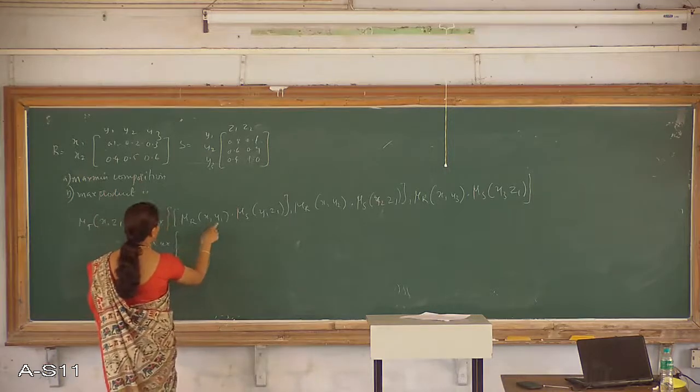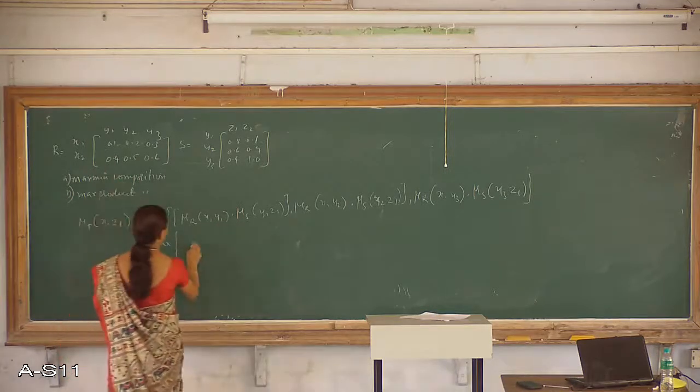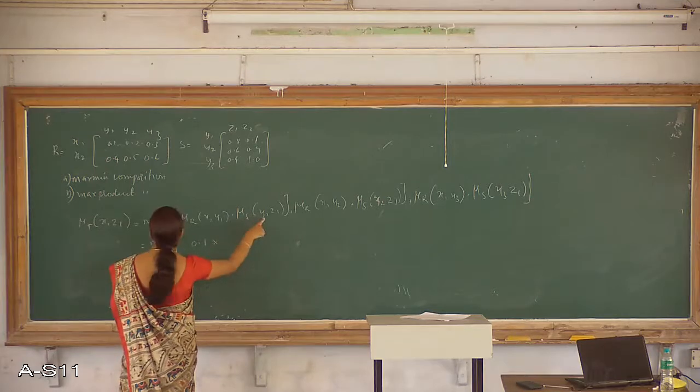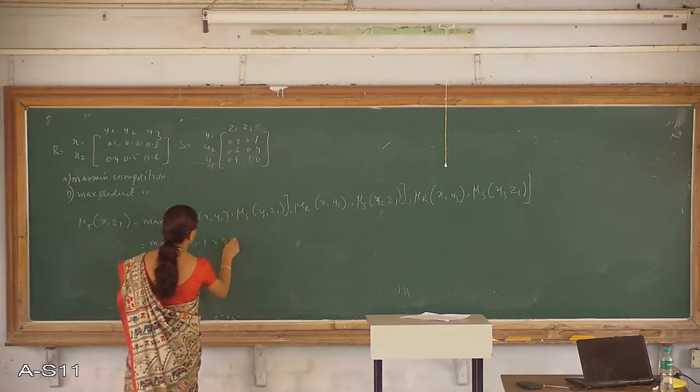So mu r of x1 y1, what is x1 y1? It is 0.1 into y1 z1. What is y1 z1? 0.8.